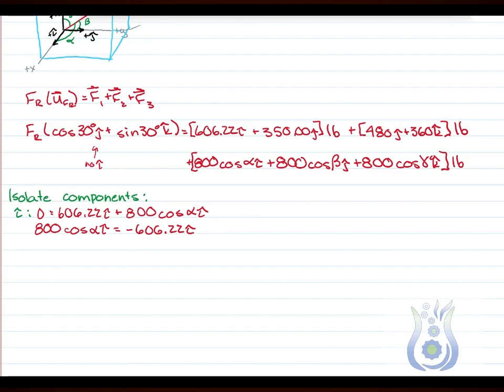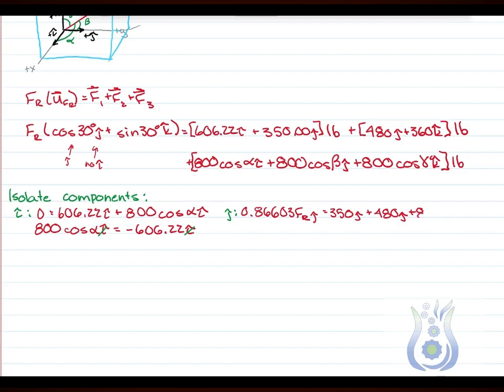Then we'll isolate the j's. On the left-hand side on j, we have cosine 30 degrees j times FR, which is 0.86603 FR j caret. And then on the right-hand side, in the first vector, we have 350 j caret. In the second vector, we have 480 j caret.